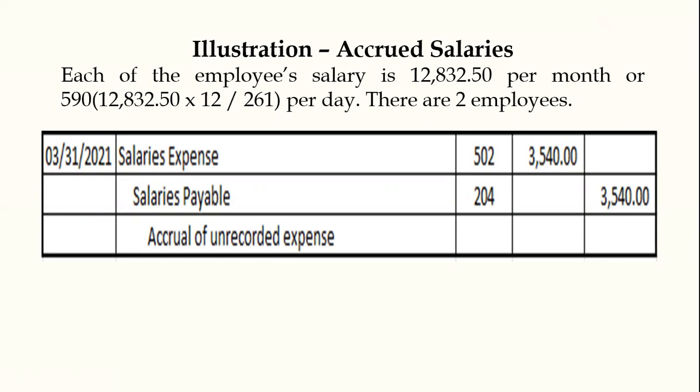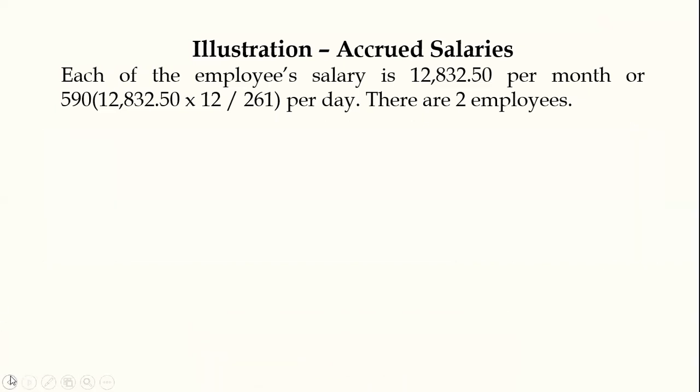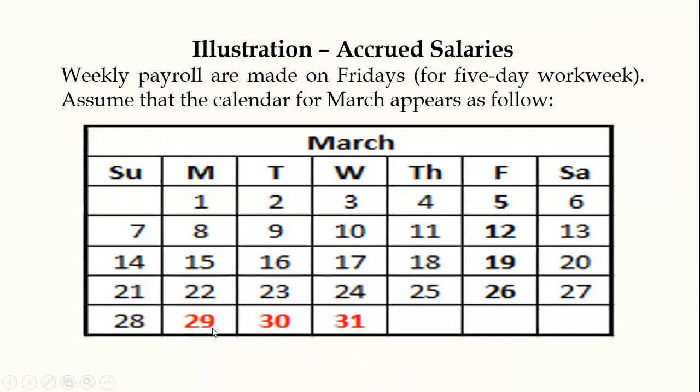Okay. So paano na compute yung 3,540? So yung empleyado daw, ang hourly or daily wage niya ay 590, no? Based on our computation, and then given na rin naman, no? 590. And then 3 days. Bakit 3 days? Balikan natin yung calendar. 29, 30, and 31.